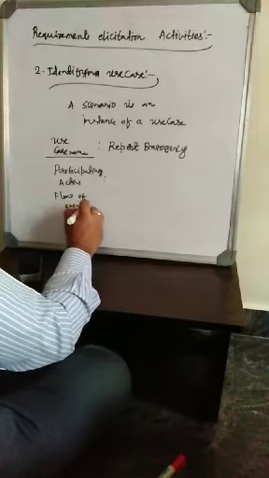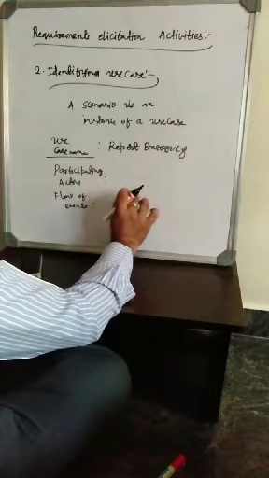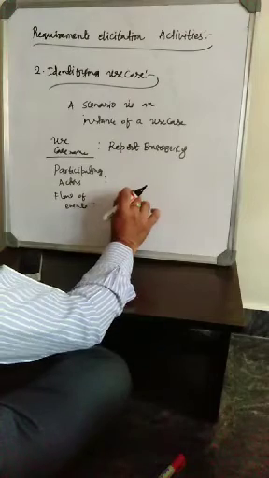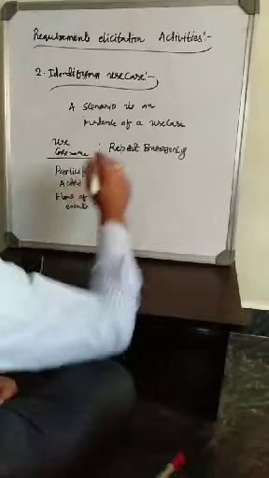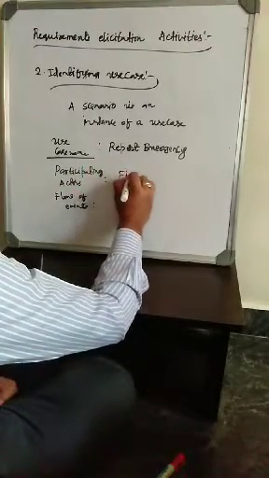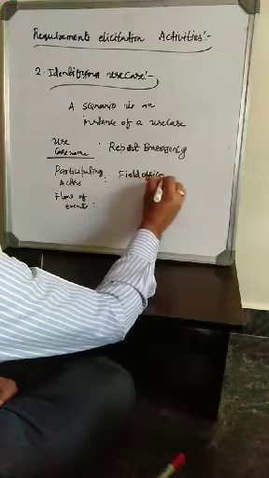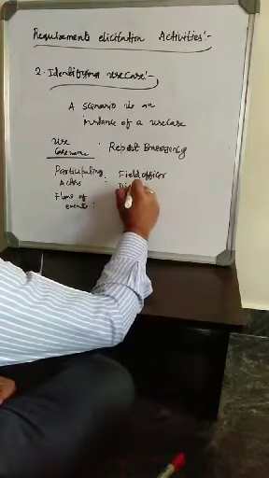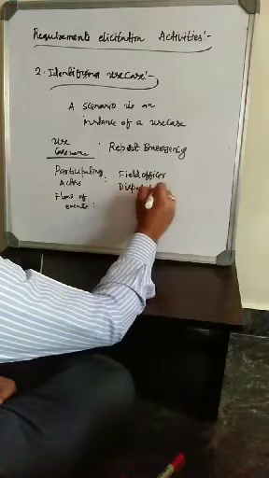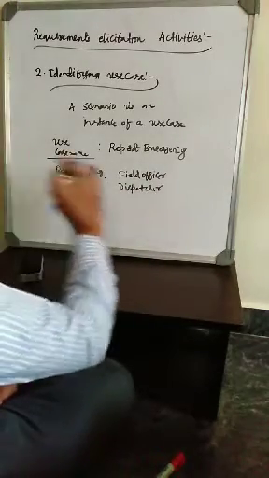Here the participating actors, let us say we take one example of a dispatcher and a field officer. So there we are able to find two different kinds of actors. One is the field officer and the second one is the dispatcher. So these two are the participating actors in that use case.